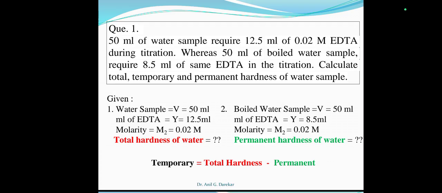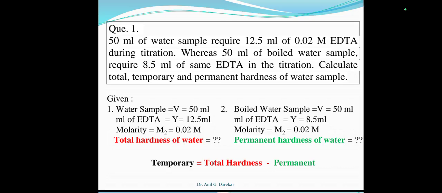So ml of EDTA is Y, and the value of Y is 12.5. Molarity is given in the question: 0.02. From this first given, the normal water sample will give you the total hardness of water.